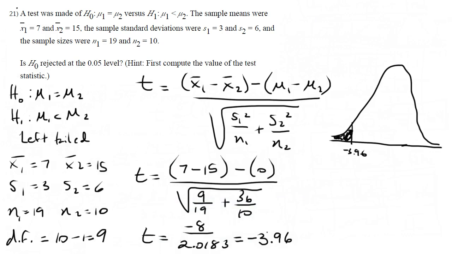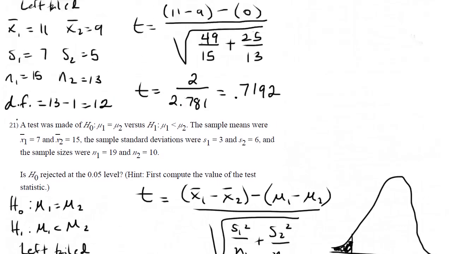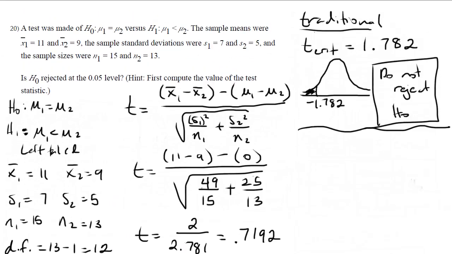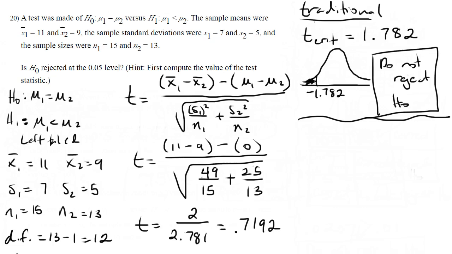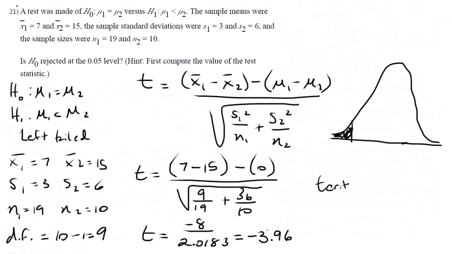Oh no, I said something wrong. This is not the critical value. This is the test value that we found here. This is the value we're testing to see if it's in that interval. That's my mistake. Let me see, did I make that mistake up here too? No, I did it right up here. The critical value was negative 1.782. Sorry, I made a mistake here.